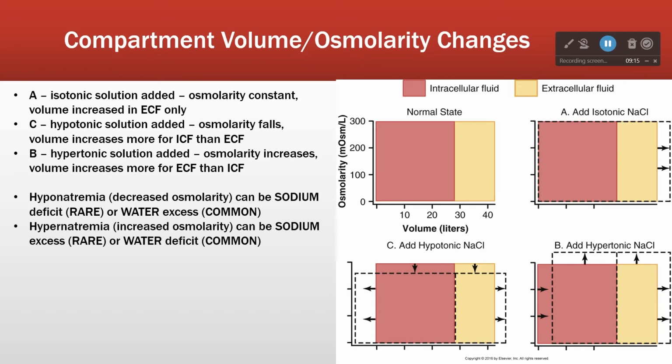You see that? Again, remember the clinical examples are not details for you to know right now. They're just examples of how we use this. So if we add hypertonic saline, the total osmolarity will increase, and the volume increases more for the extracellular fluid than the intracellular fluid.